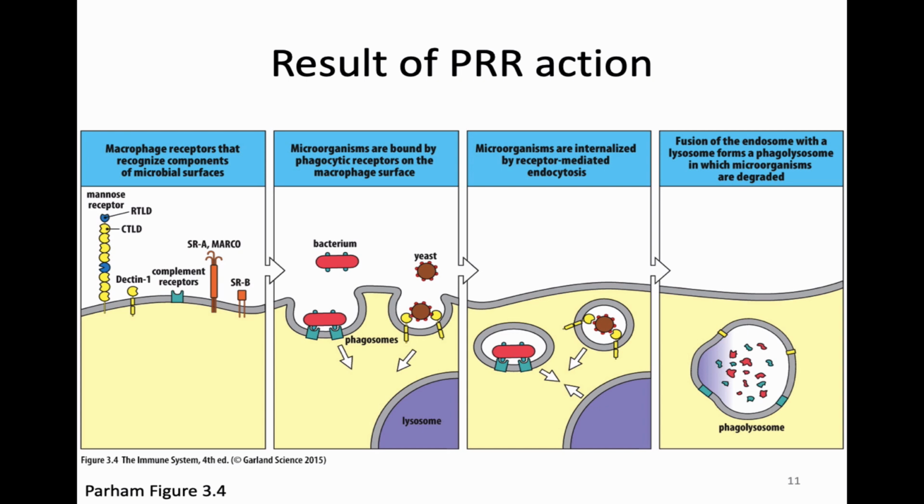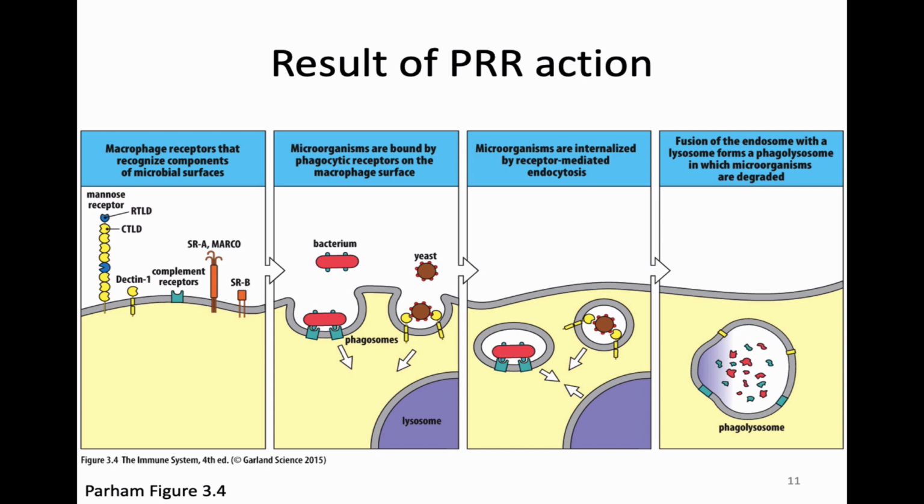What you can see is the downstream result of what happens when a PRR binds a PAMP or a MAMP. There are a couple of different things that happen, one of which is shown here. So you can see that our macrophage has a number of different PRRs. Should one of those bind to a microbe, that will induce the phagocytosis of that microbe.